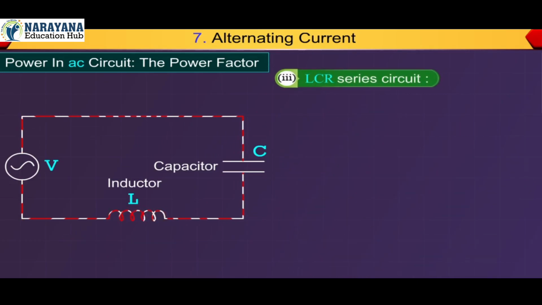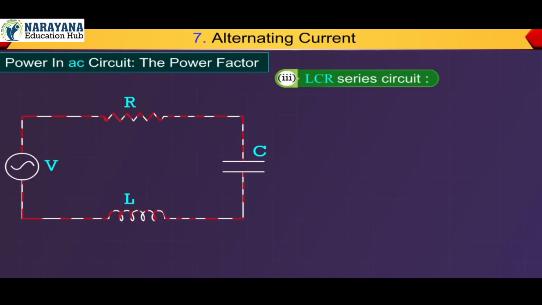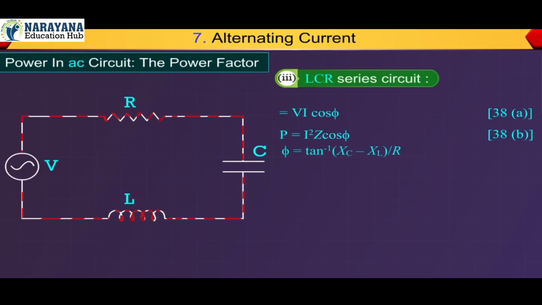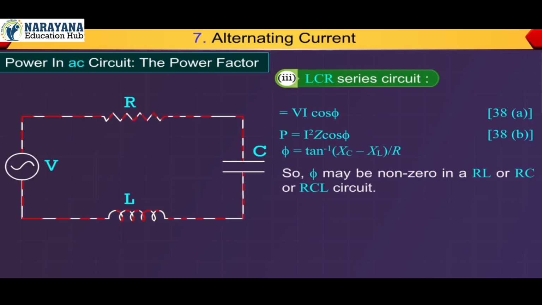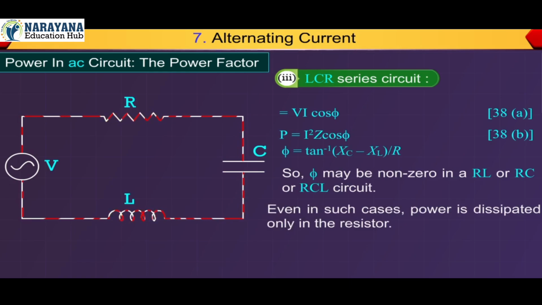Case 3. LCR series circuit. In an LCR series circuit, power dissipated is given by equation 38, where phi is equal to tan inverse Xc minus XL upon R. So, phi may be non-zero in a RL or RC or RCL circuit. Even in such cases, power is dissipated only in the resistor.